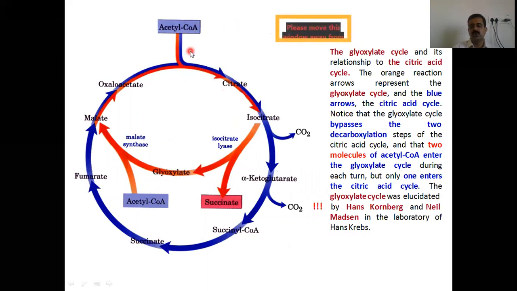The TCA cycle consists of acetyl coenzyme A to citrate to isocitrate to alpha-ketoglutarate, succinyl coenzyme A, succinate, fumarate, malate, and oxaloacetate, and then again the cycle completes. The glyoxylate bypass takes isocitrate and directly converts it into malate, forming malate from 1 molecule of acetyl coenzyme A. So this is the bypass cycle that comes into play, called the glyoxylate cycle.